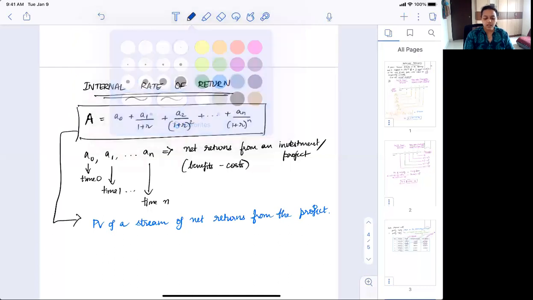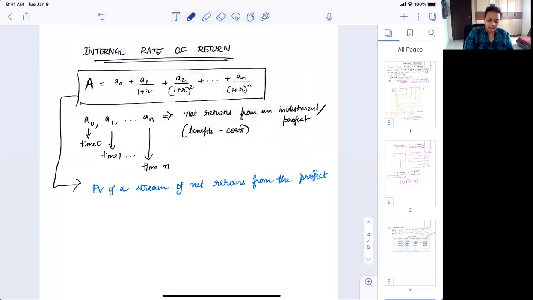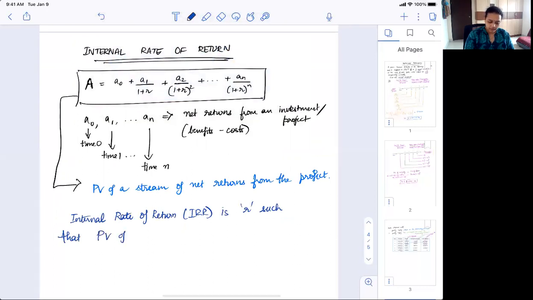And what is this internal rate of return? Internal rate of return, or IRR, is R such that the present value of net returns is 0.